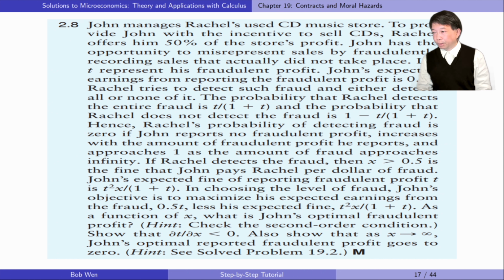As a function of X, what is John's optimal fraudulent profit? Show that partial T over partial X is less than 0. Also show that as X approaches infinity, John's optimal reported fraudulent profit goes to 0.